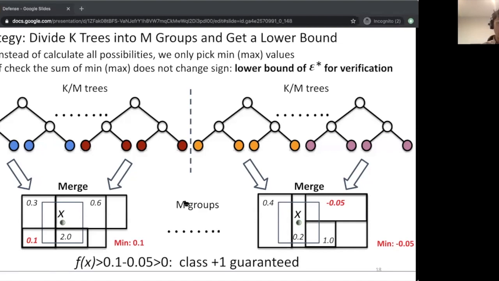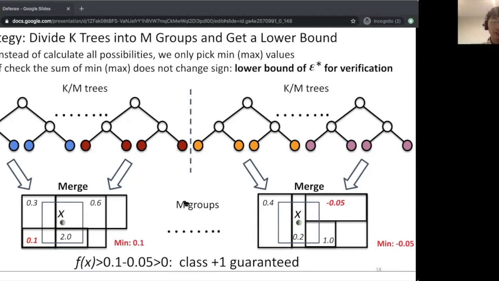We merge all possible boxes, and we pick the minimum value, which is minus 0.05. We add these 2 values together, which is plus 0.05, which is positive, which means the model's output is still guaranteed to be class +1.